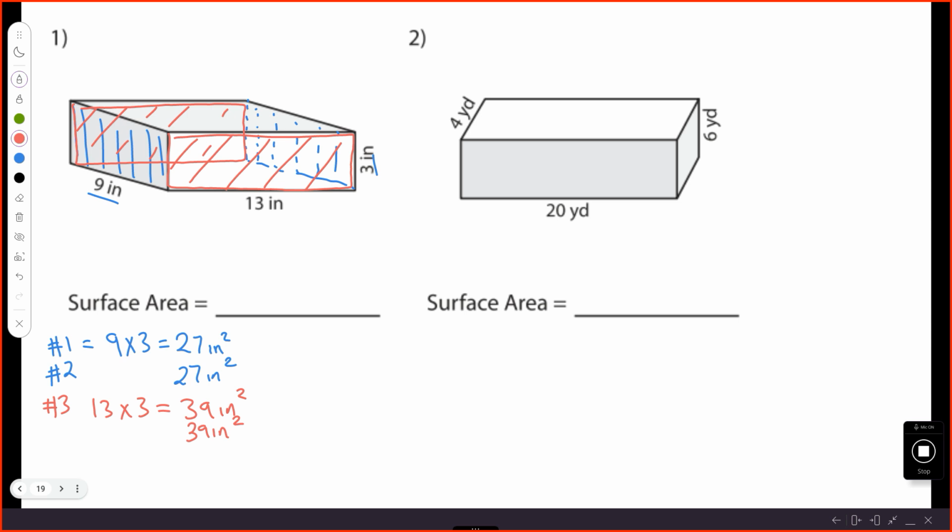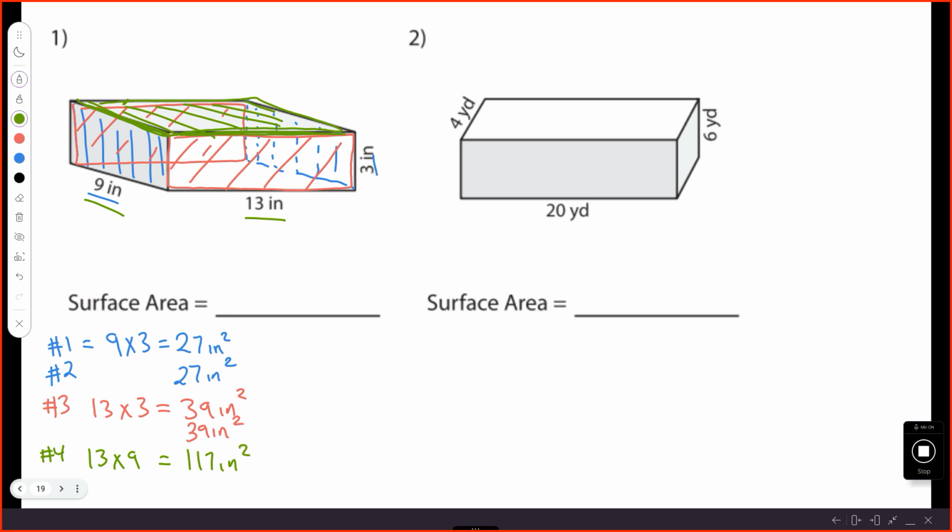And then that only leaves us with 2 to go, right? Let's change up to green. And that is going to be our top section. Let's cross it like this. Our top section has a base of 13, because the opposite of this rectangle, and a height of 9, because it's opposite of this rectangle, so 9 and 13. So number 4 is 13 times 9, which is 90 plus 27, or 117.